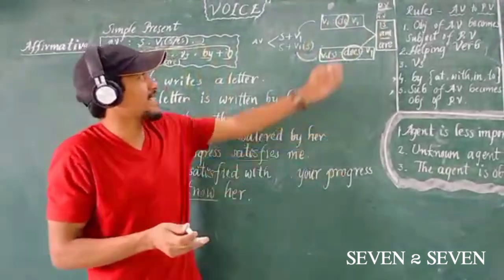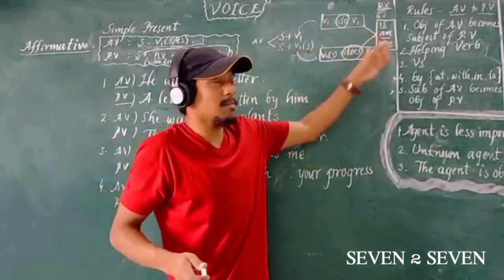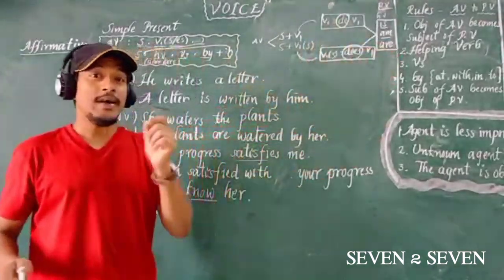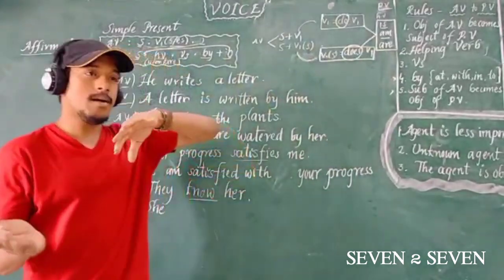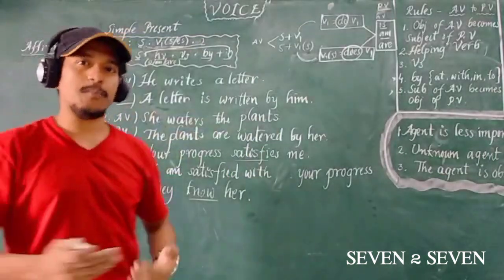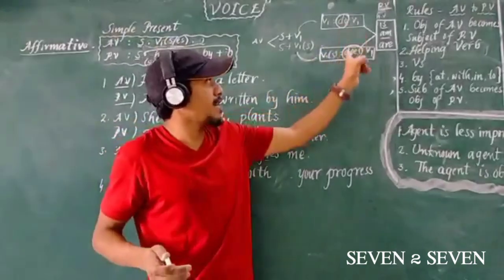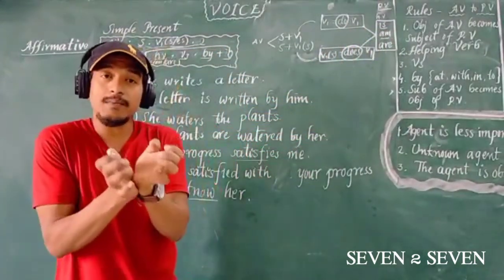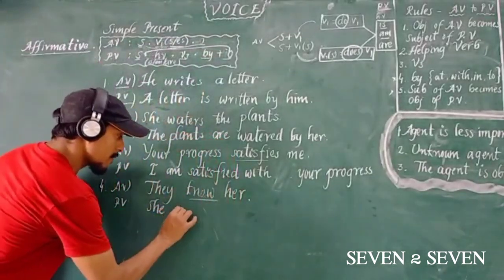Why do I insist on do V1, does V1? Because in the very next session, when you convert from negative active to negative passive, that becomes very helpful. If you find do or does in active voice, is and are are the helping verbs of the passive voice. Next, she is.